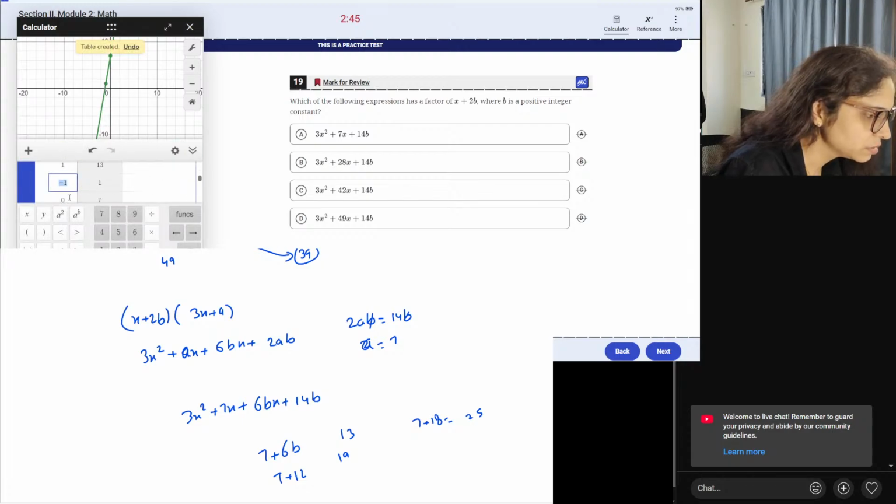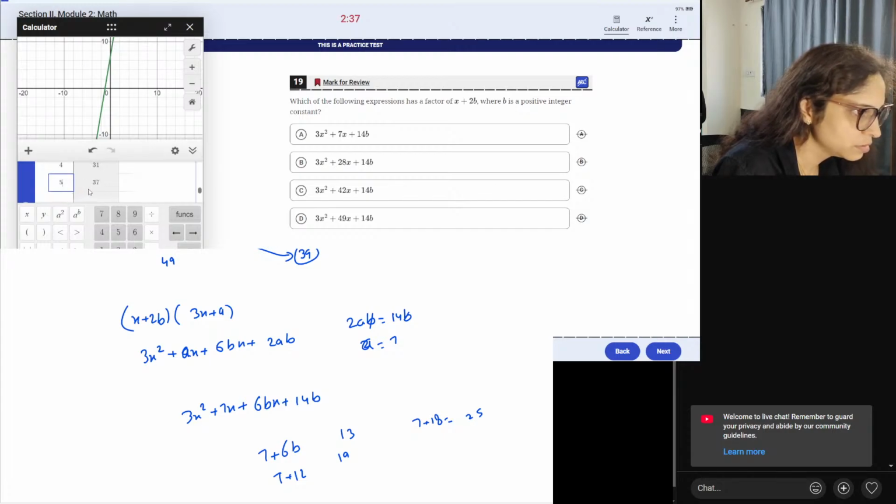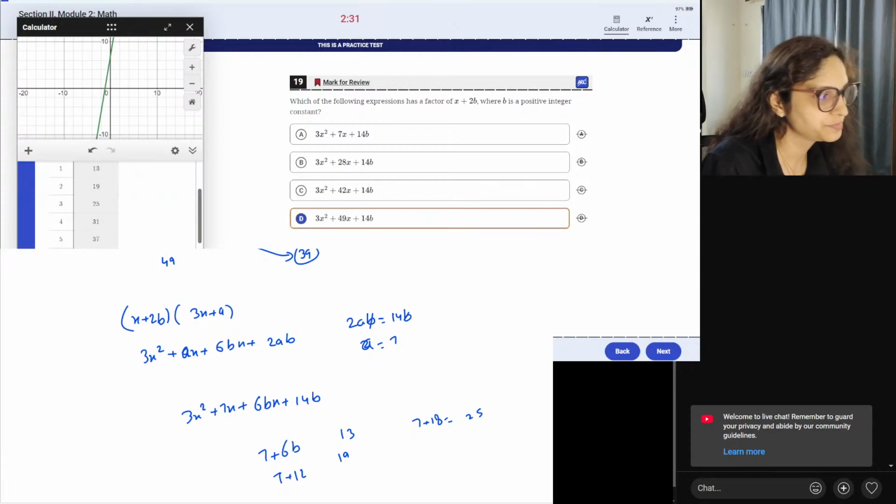At 1 it is 13. At 2 it is 19. 3 it is 25. 4 is 31. 5 is 37. 6 is 43. So option D.